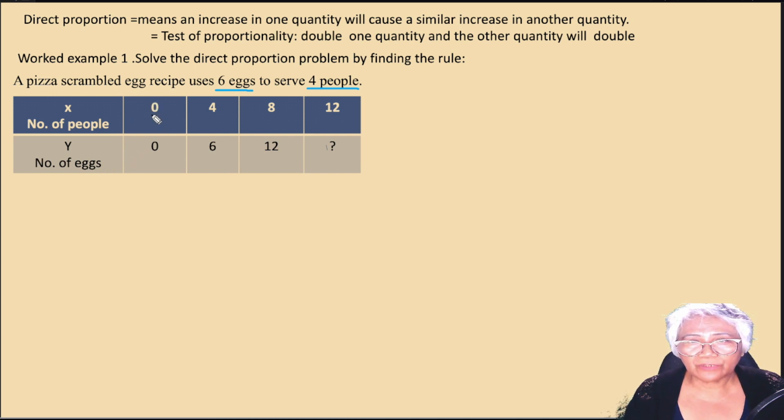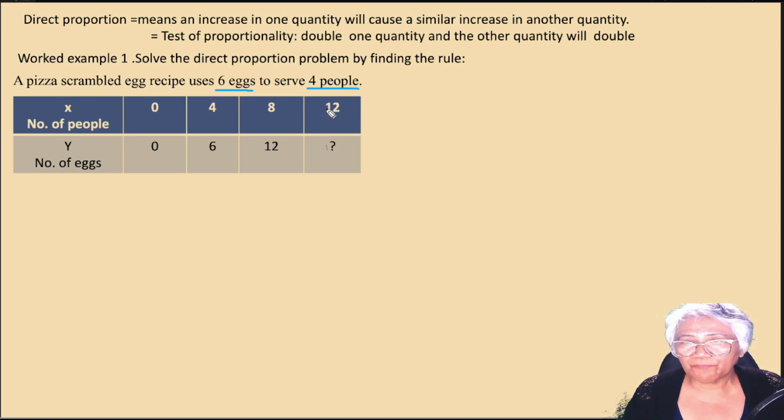If 0 people, we have 0 eggs. For 4 people, we need 6 eggs, and for 8 people, we need 12 eggs. You see here that 4 is doubled and 6 is doubled as well.